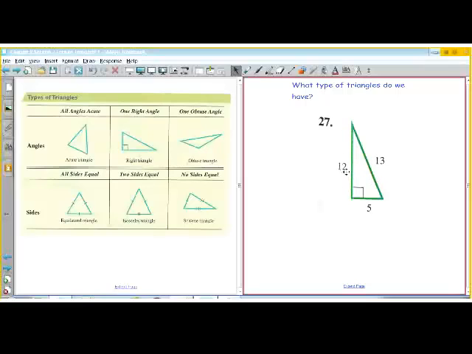They've given you numbers which really don't have anything to do with what kind of triangle this is. Well, I guess they do to some extent, but they're not asking you to use the lengths of the sides to determine that. All you have to do is look at it and say, well, they've got this little square piece here, which means that's 90 degrees. A 90-degree triangle is called a right triangle. So you just identify it as one of these kinds of triangles.